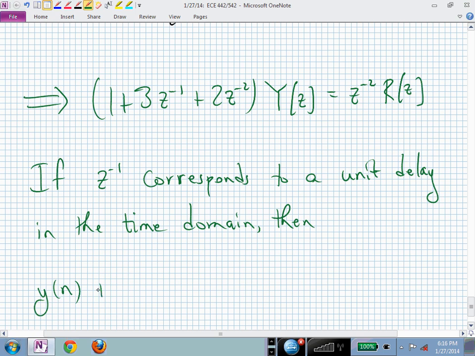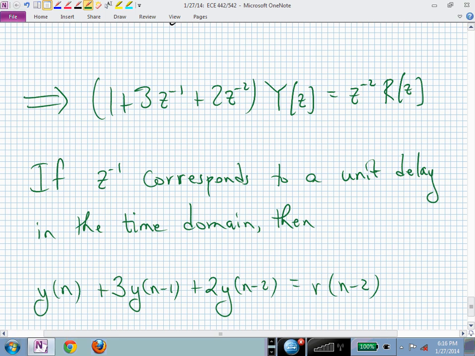What's the next term? 3 times a delayed version of y of n, and it's delayed by 1, plus 2 y of n minus 2, and that's equal to r of n minus 2.